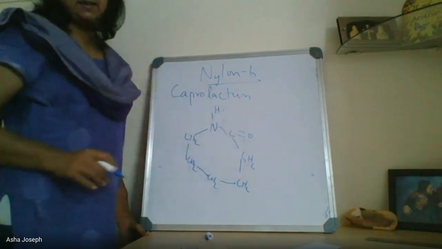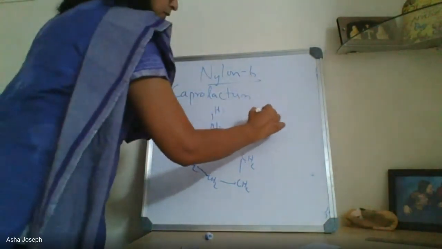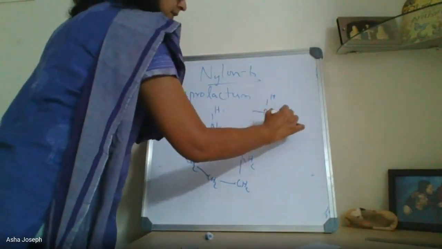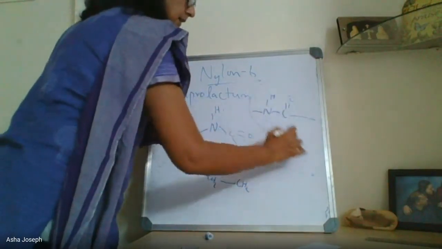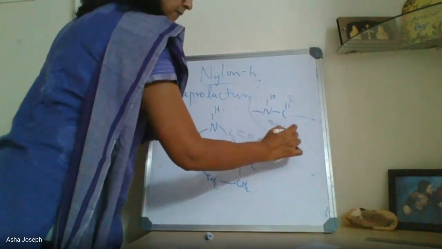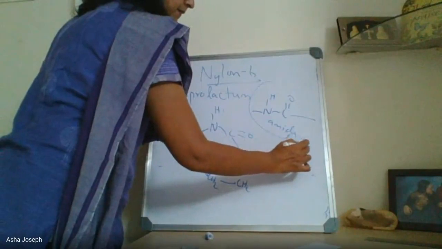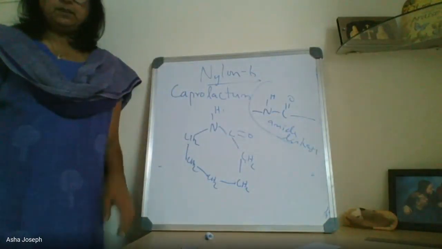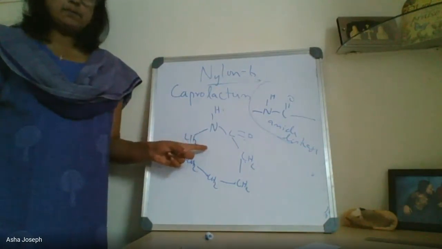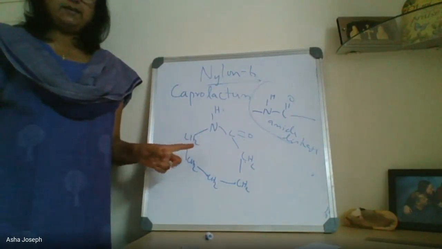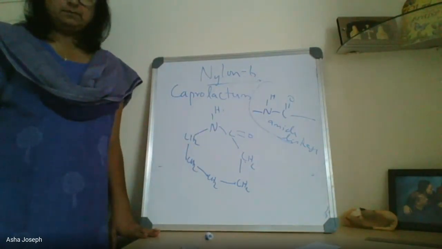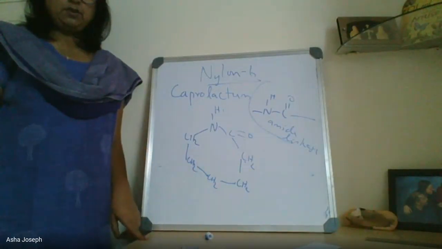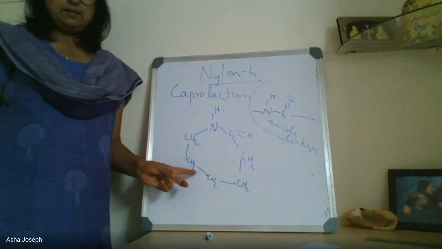The sixth one is a CO because this bonding NHCO is the amide linkage. So this is also a polyamide. Understood? So all of you write caprolactam and learn, then we will write the polymer. The polymer is easy. Caprolactam. If you are not able to understand the structure, tell me.